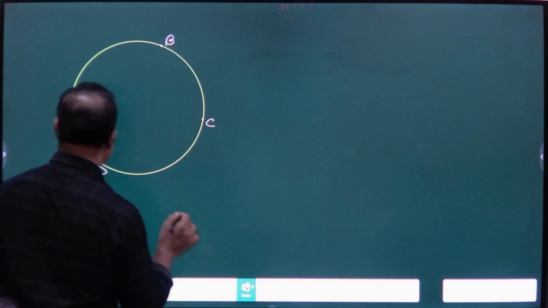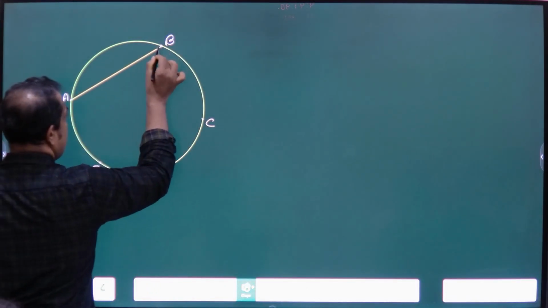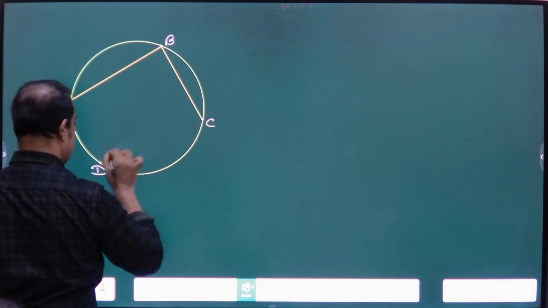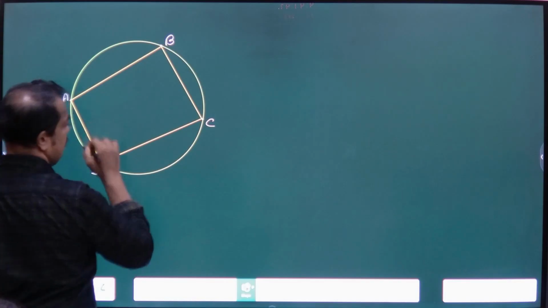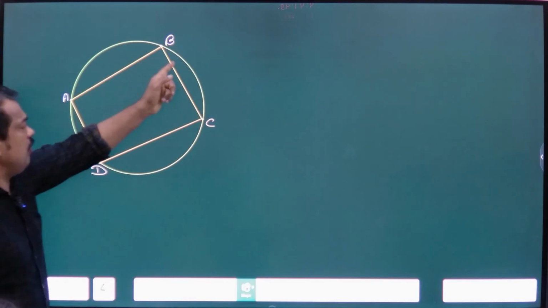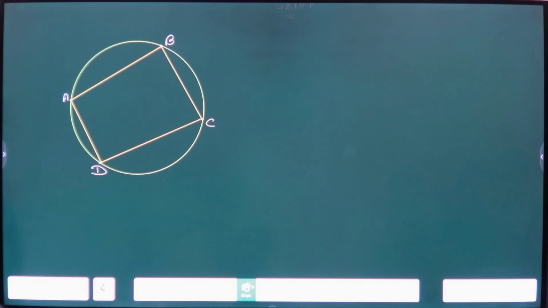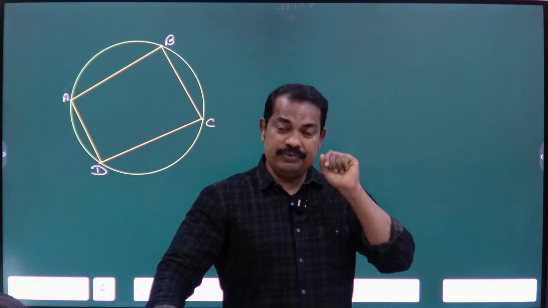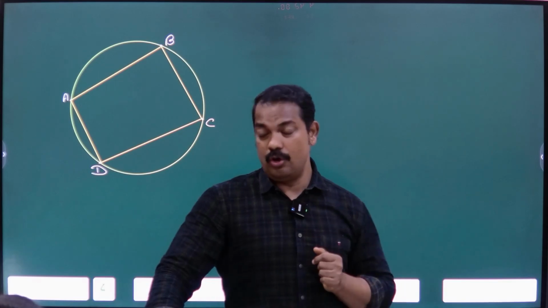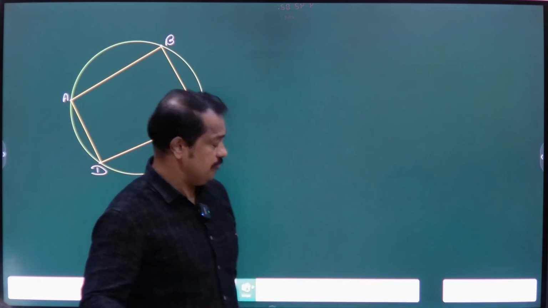Now we can join these points with the help of a straight line. So join AB, BC, CD and DA. What is the name of this figure? It is a quadrilateral. A four-sided closed figure is called a quadrilateral.